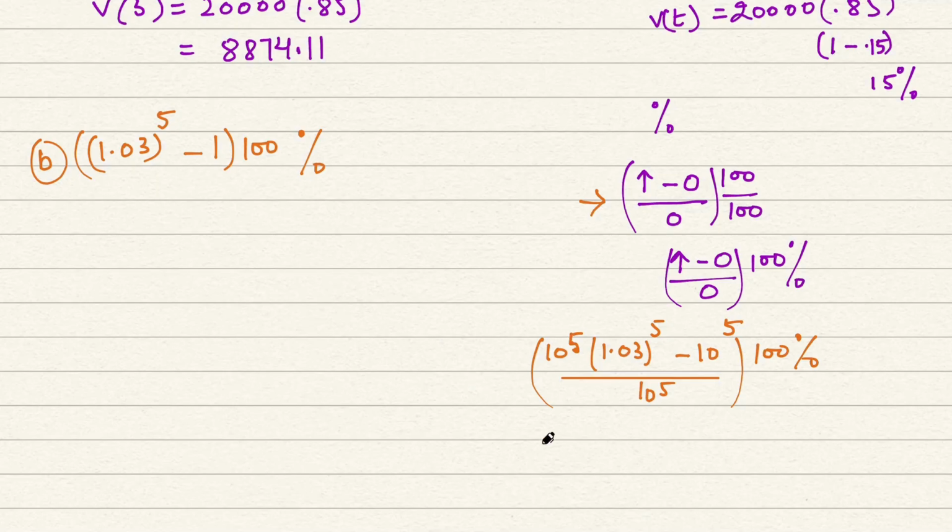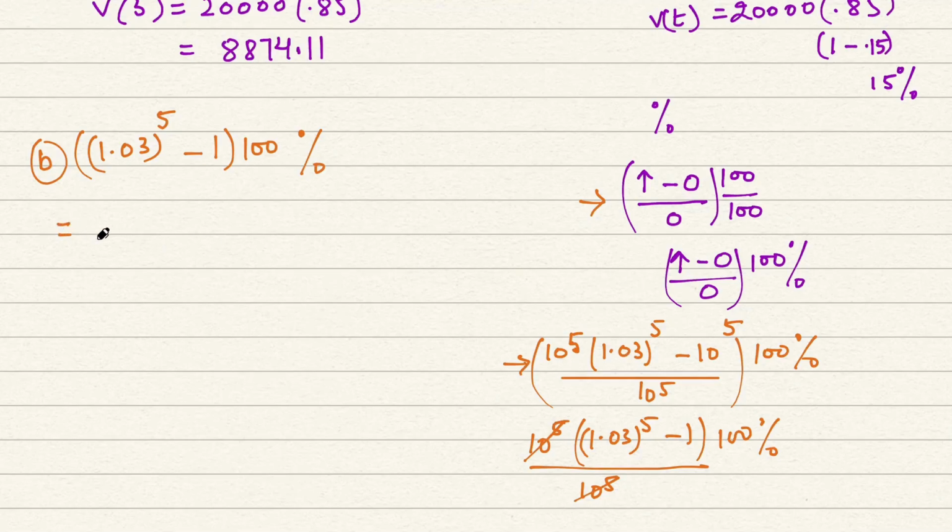100%. Now I have taken this as common and left with 1.03 raised to power 5 minus original over this cancelled, 100%. Now I have to develop the ability that okay, this is going to be common, so how can we cancel it? But when you are practicing, you can start from here. I have used this formula: increase minus original over original times 100 divided by 100 and so on.